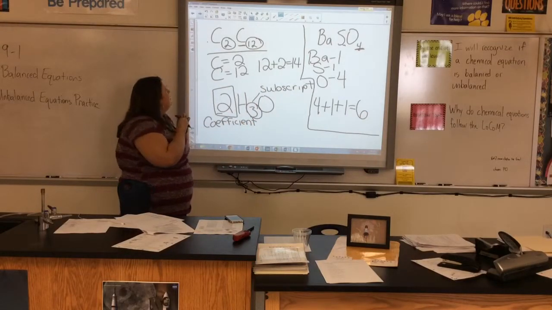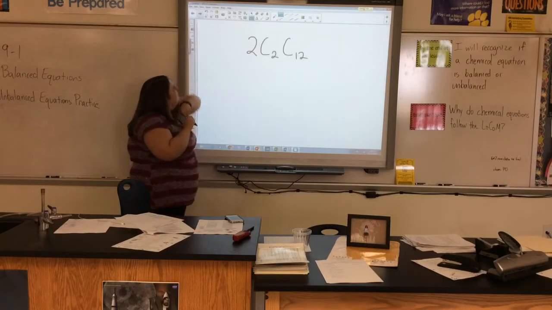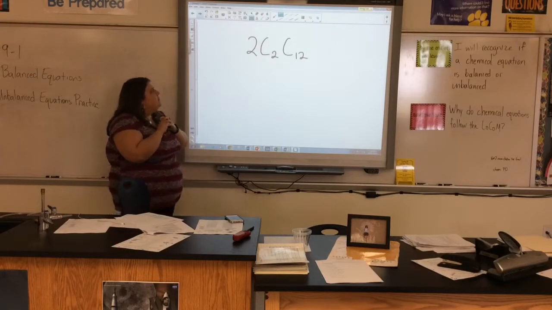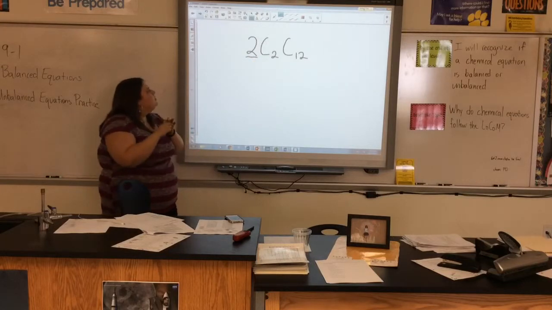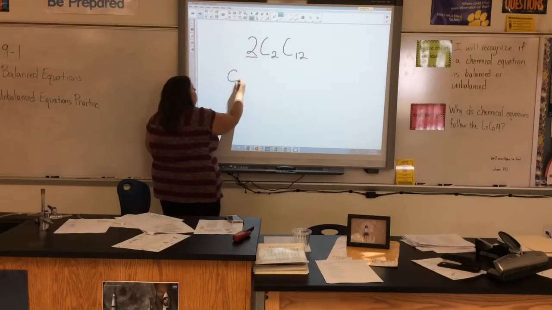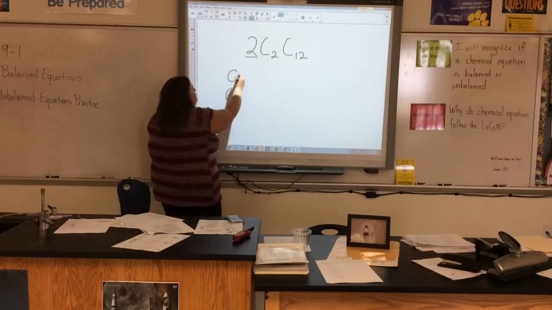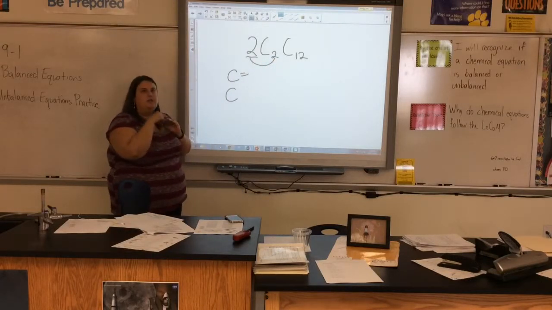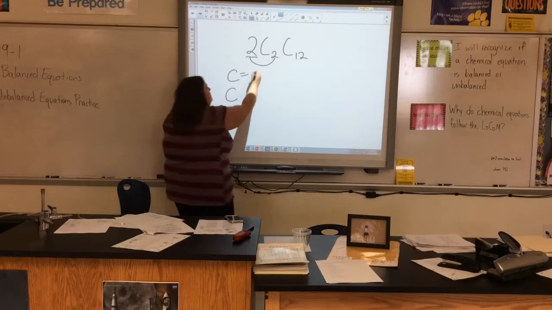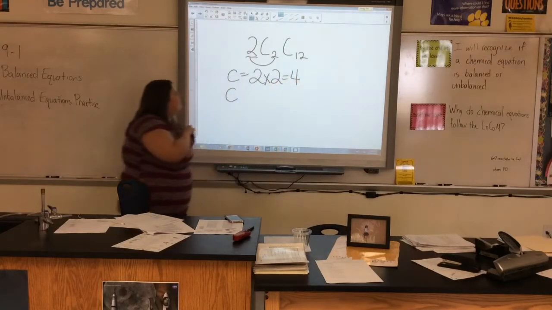Okay? Let's look at some examples that are on our homework assignment. Okay, we have C2, C12, but we also have a coefficient of 2 right here. So when we're doing that, I'm going to list each one that I see. For this first one, I'm going to do 2 times 2, because I have a coefficient of 2, and then it has a subscript. So 2 times 2 equals 4.